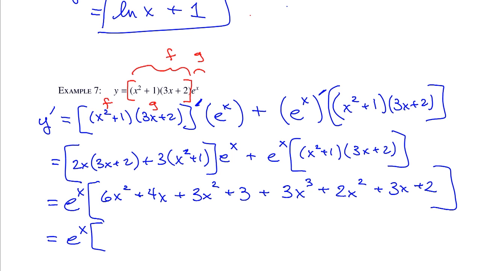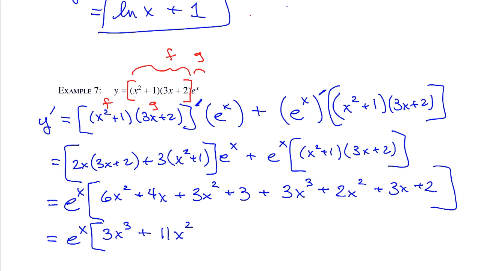And simplifying this, the highest power is cube, so we have 3x cubed. Next highest power is squared, so I see 6, and 3 is 9, and 2 is 11. Next, we want to add the x to the first power terms.